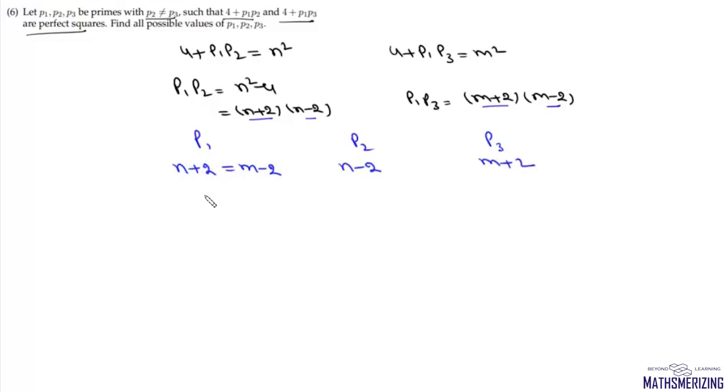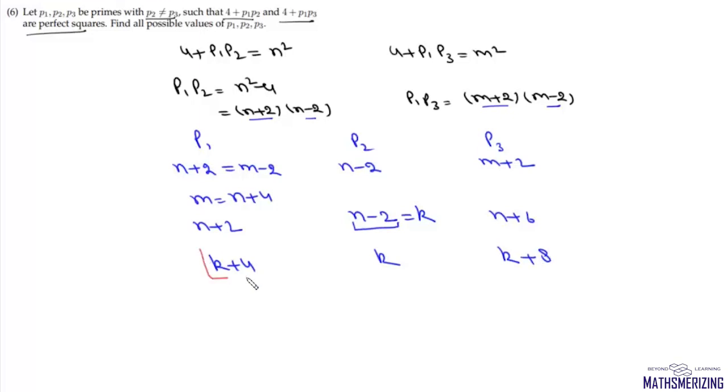Now from this first result we can write m equals n plus 4.